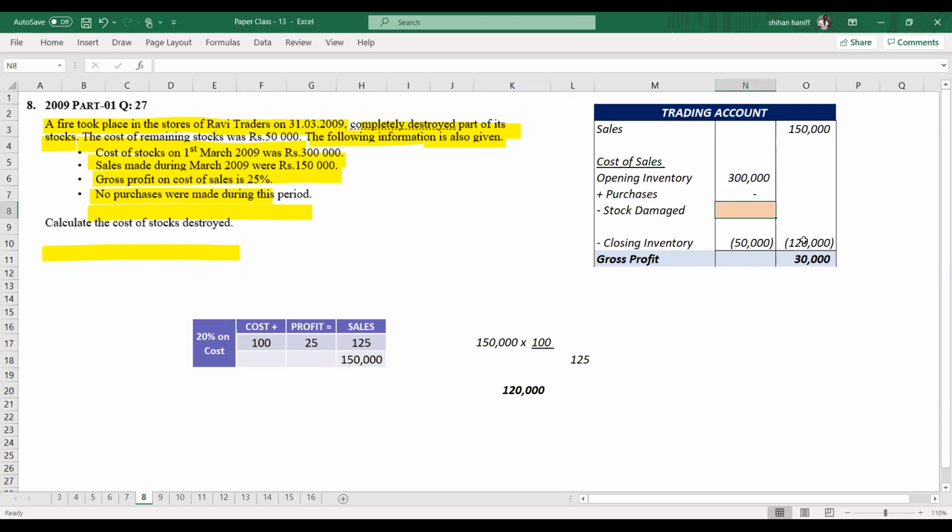Now what is the stock damage? Can you all tell me the answer? What is the stock damage? Stock damage. So that is the minus figure.